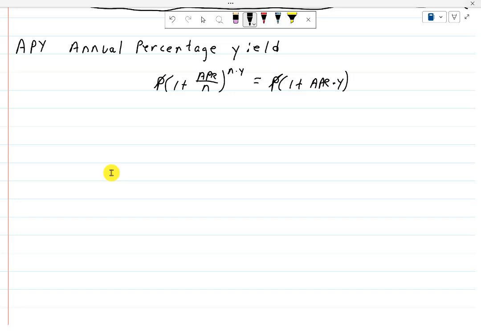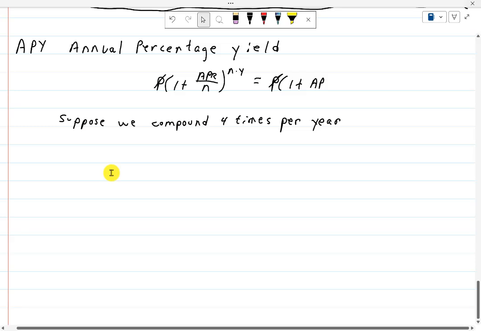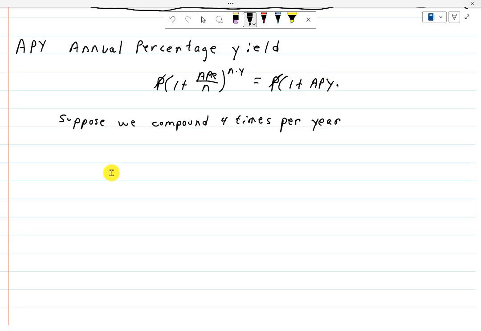So suppose I made a mistake in here. And what we could do is we could do after 1 year. So if I do y equals 1, for example, here's what my formulas look like.